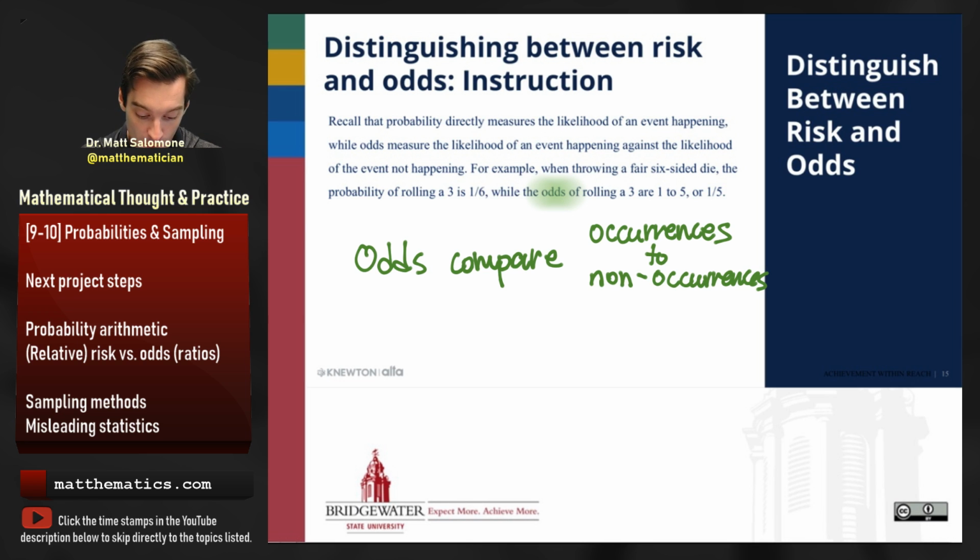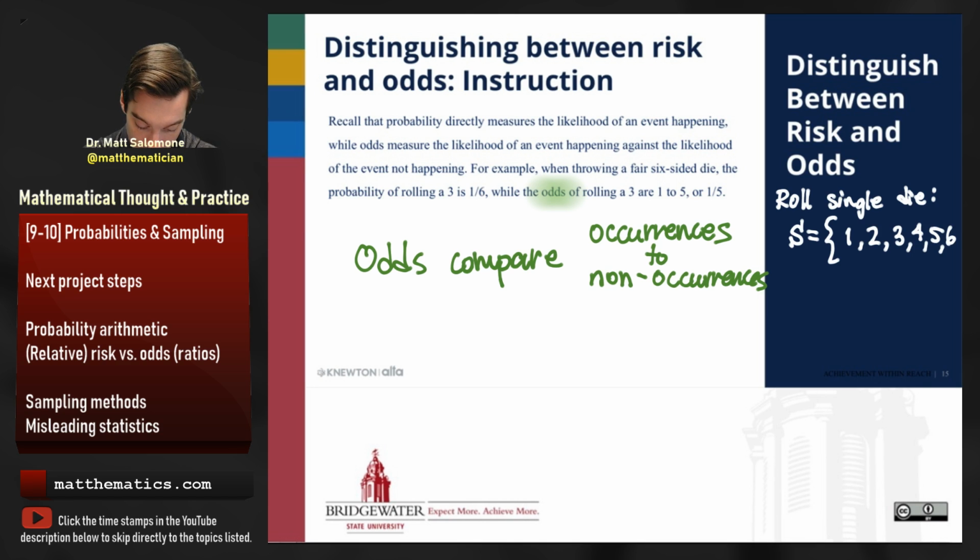So if I roll a single, fair, six-sided die, my sample space for that roll is just the numbers from 1 through 6, each with equal likelihood if I have a fair die. There's my sample space.